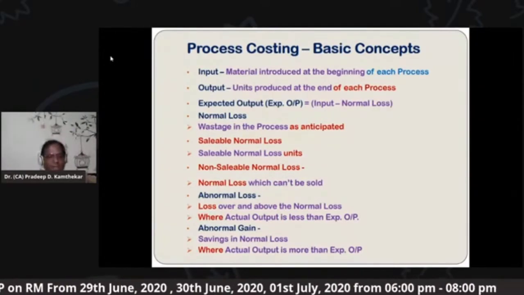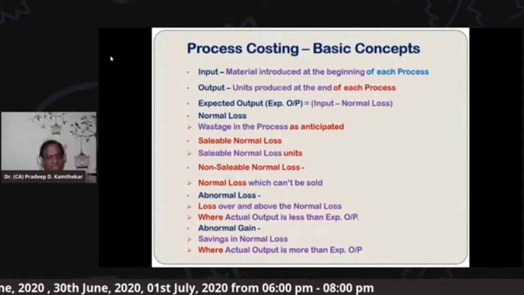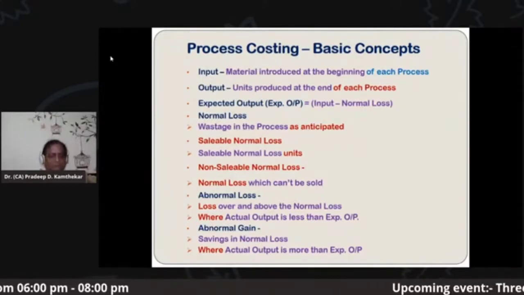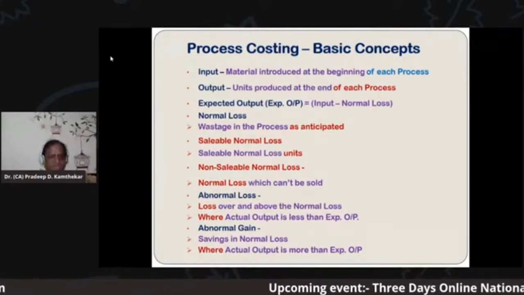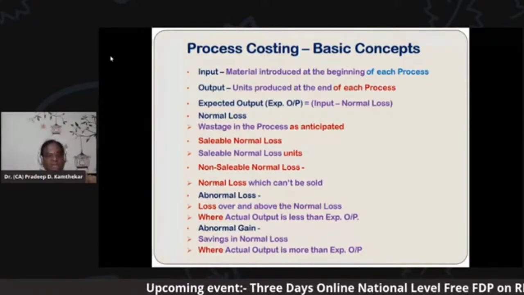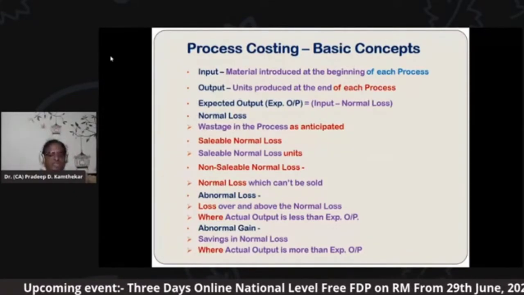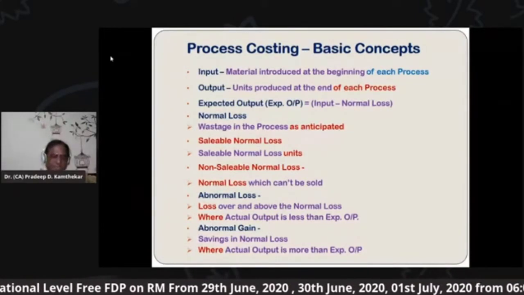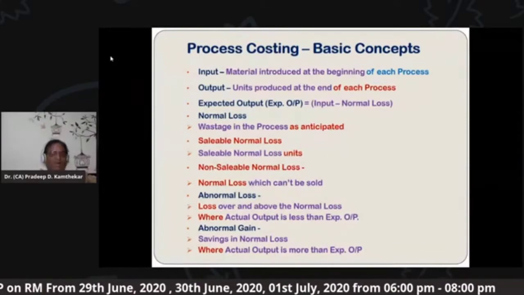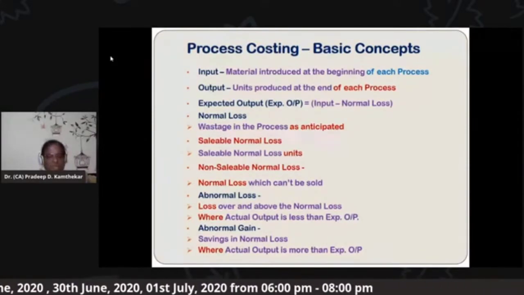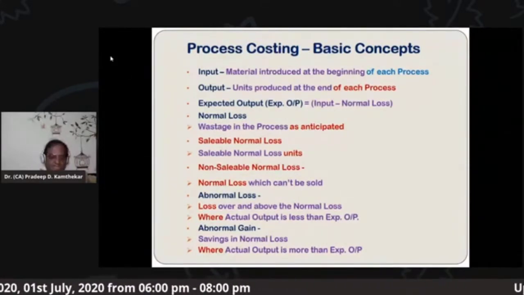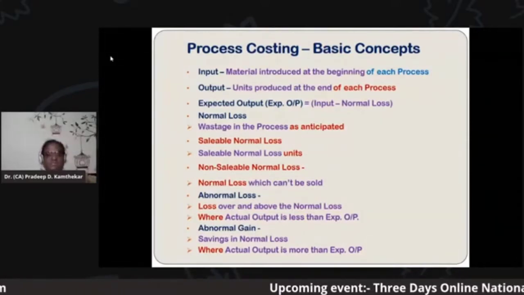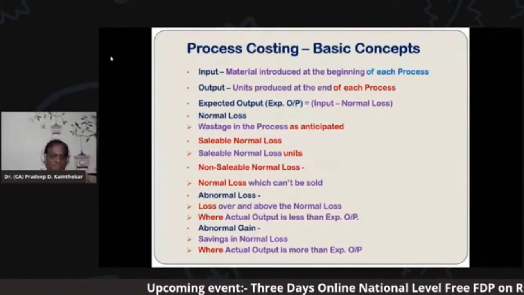For example, in a production process, when oil is used, certain oil gets evaporated after it is boiled. And there are so many other things. So in any production process, the things which are expected to go waste, it could be tangible, which you can see, or it could be intangible, which you cannot see, because if it goes in the air, you can't see it, but it is a wastage. So any anticipated or expected wastage is called normal loss.